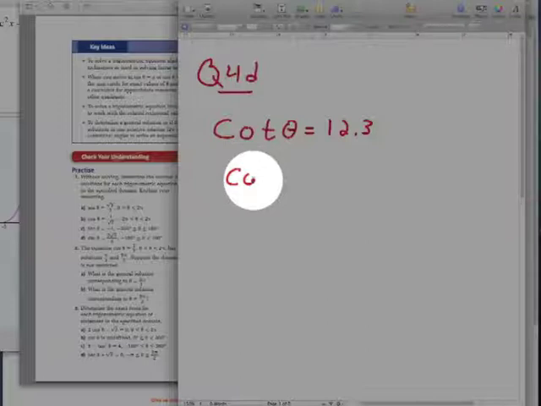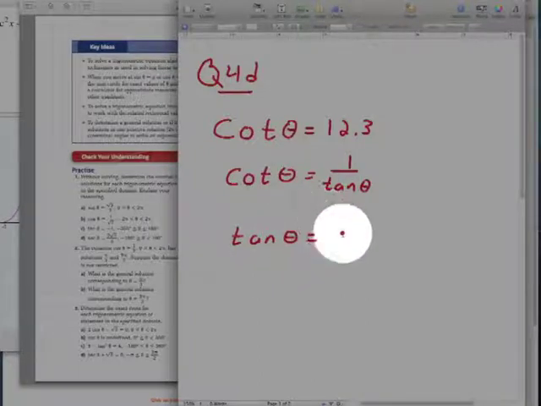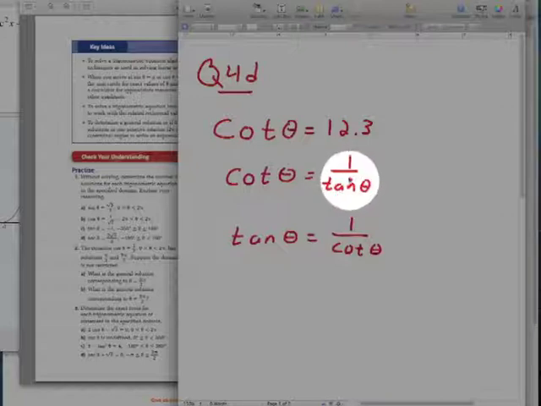So what we'll be using here is our knowledge that cotan theta is equal to 1 over tan theta. So if we want to try and solve this, tan theta would be equal to the opposite of this, which would be 1 over cotan theta. So we're just flipping this. If I flip this part of it, it becomes tan theta.